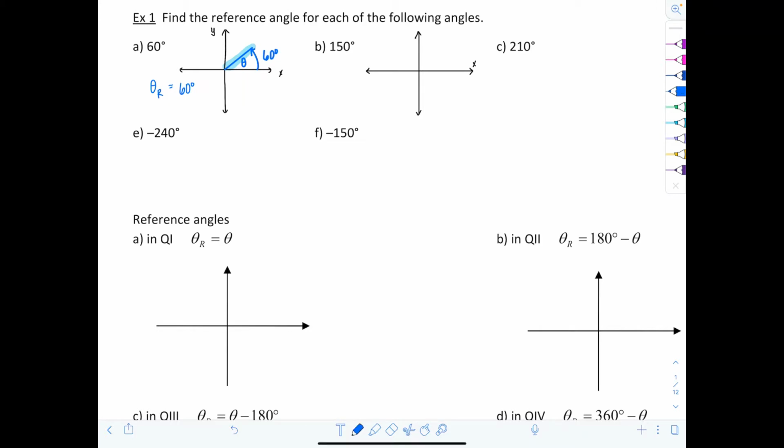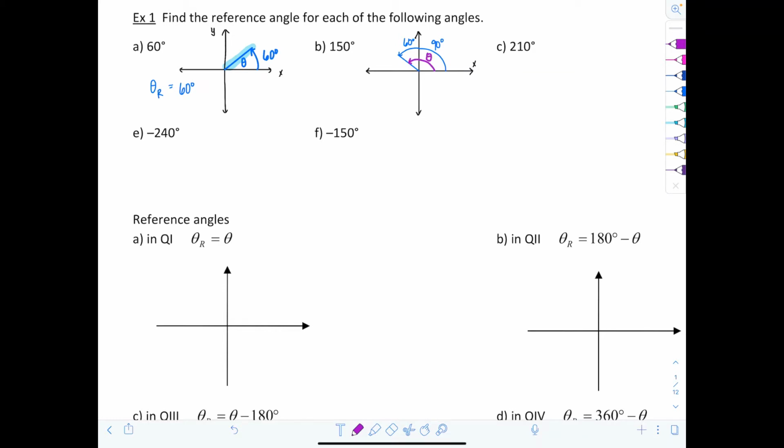If I go up to the positive y-axis, that's 90 degrees, but theta is equal to 150. So keep going, keep going. How many more did I go? Well, this is 90 plus another 60, which makes this a 150 degree angle. So here's the terminal side. This whole arc that's swept out is 150 degrees.